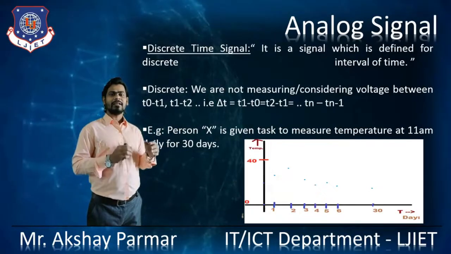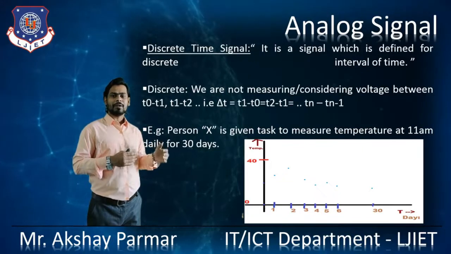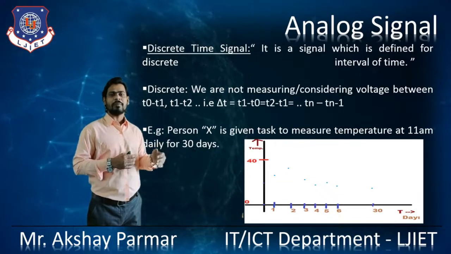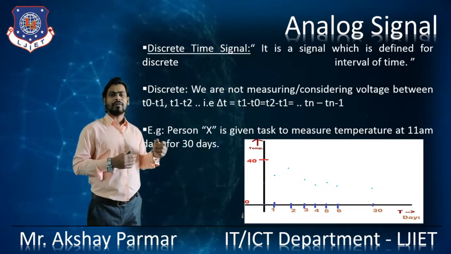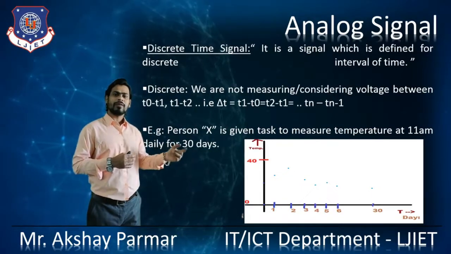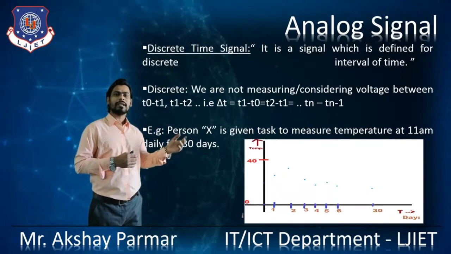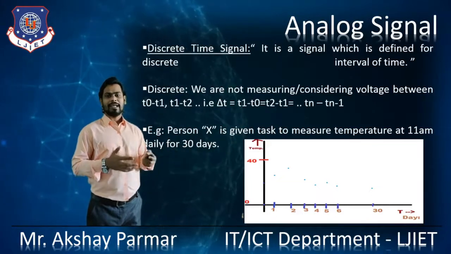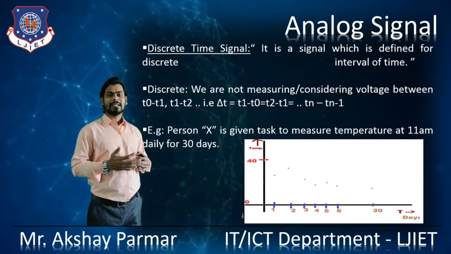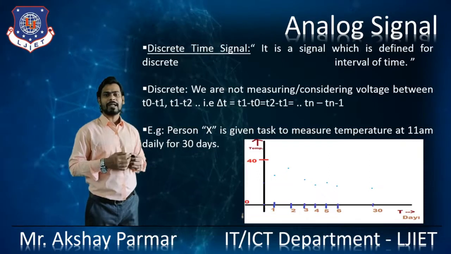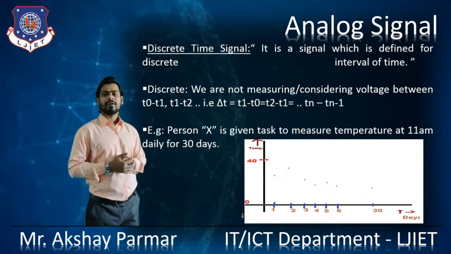So the delta t, the time interval between the time slots, is the same for all time, that is, t1 to t0, t2 to t1, up to tn to tn minus 1. For example, person X is given a task to measure temperature at 11 am daily for 30 days.